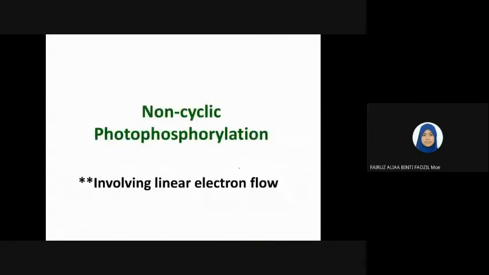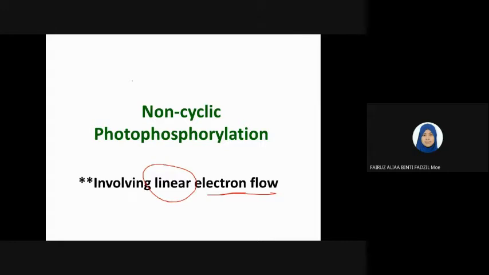So we are going to cover the first one, non-cyclic photophosphorylation. Non-cyclic means we are not cycling the electrons. The electron flow is linear, not cyclic electron flow. What does non-cyclic photophosphorylation mean?